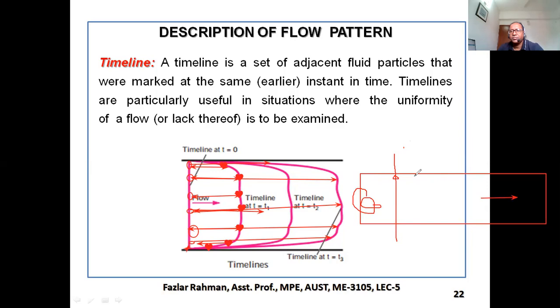This one might come right over here, this one over here, this one over here. So what you see is that their velocity is not uniform. But if they travel almost the same distance in the same amount of time, you can say your flow is uniform. So this region of flow is uniform, but this region is not uniform. So you can figure out where the flow is uniform and where it is non-uniform. Okay.